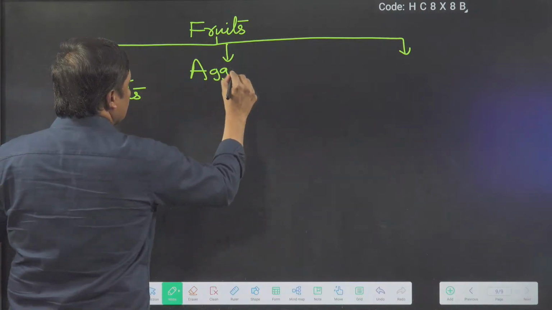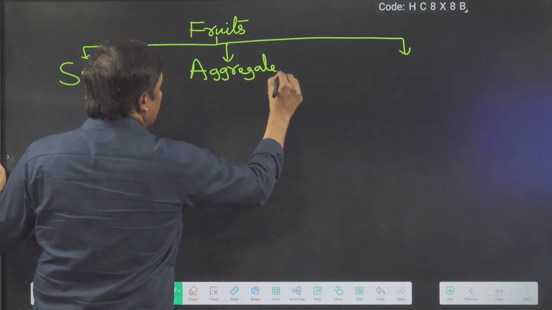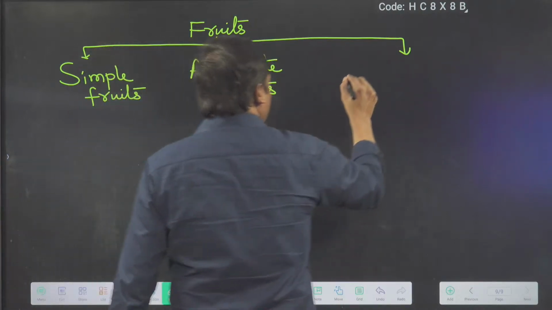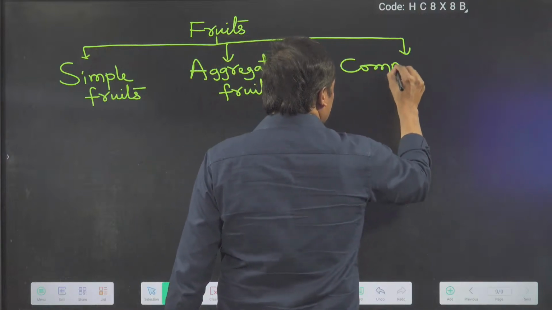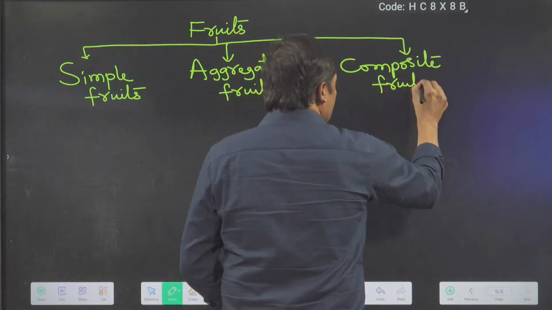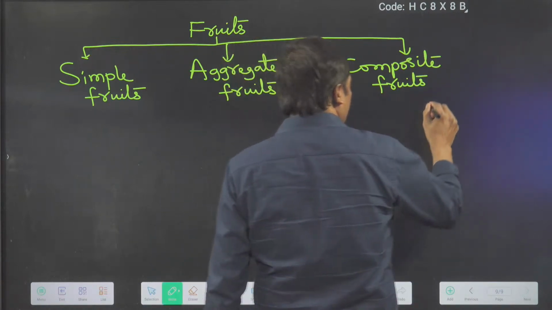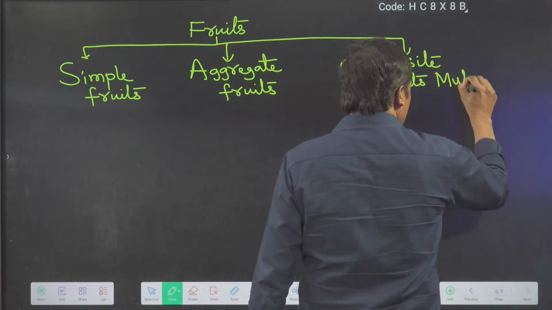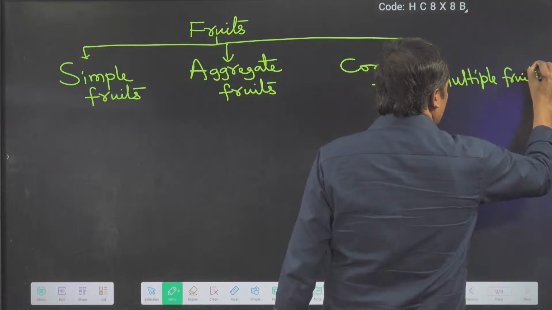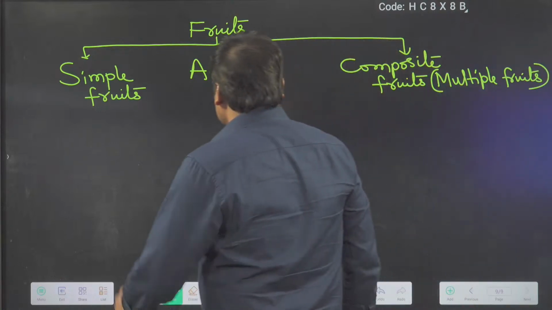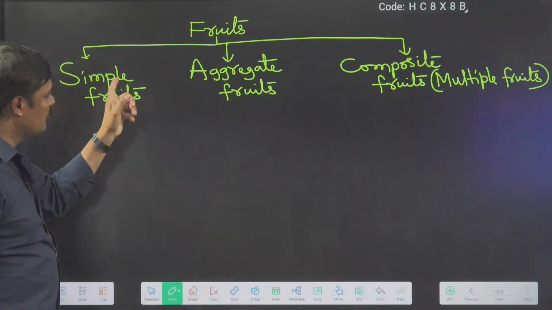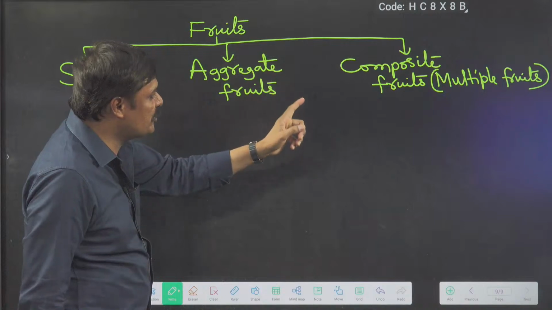Aggregate fruits. And composite fruits. These are also called multiple fruits. So fruits are broadly classified into three types: simple fruits, aggregate fruits, composite fruits.